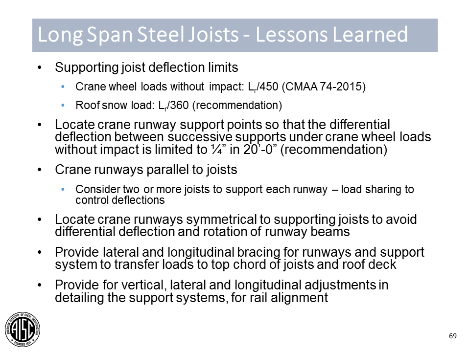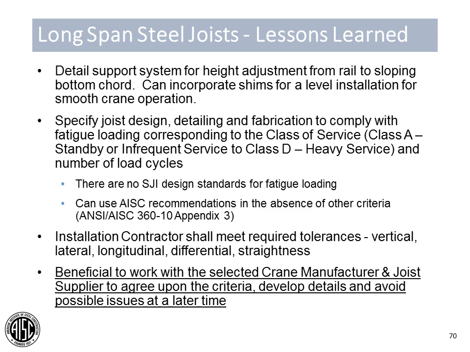Provide lateral and longitudinal bracing for the runways and the support systems to make sure you transfer these loads to the top chord of the joists and the roof deck, as we saw in the previous details. And wherever possible, provide for vertical, lateral, and longitudinal adjustment in the detailing of the support systems for rail alignment. This a lot of times can be accomplished with the use of clamping systems.